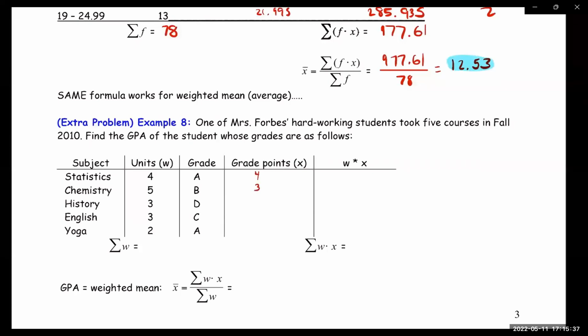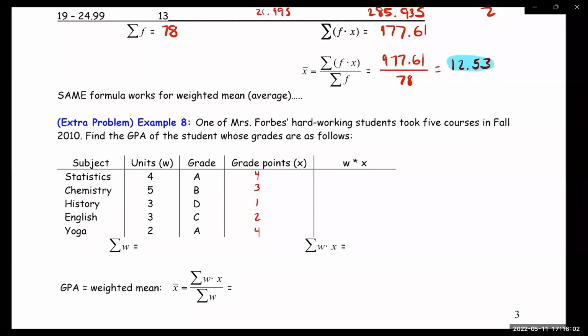A D is 1 point. The C is 2 points. And an A is 4 points again. And an F is 0 points. So that's always how the points work for grades. A is 4, B is 3, a C is 2, a D is 1 point, and an F is 0 points.